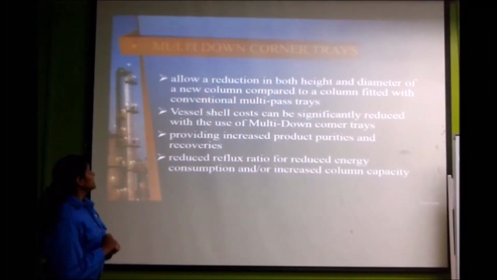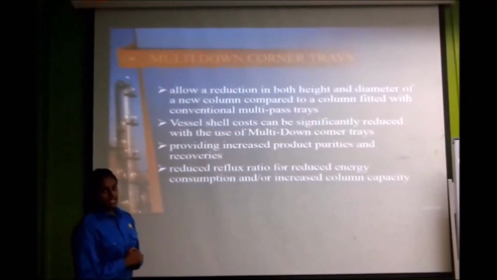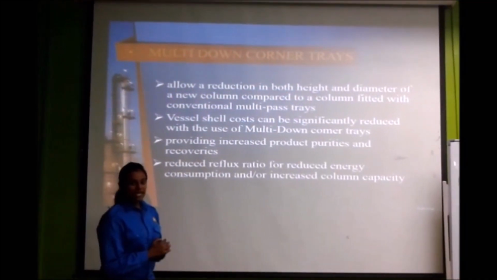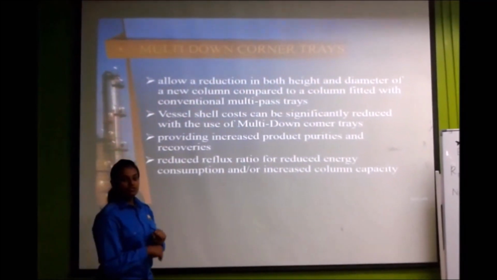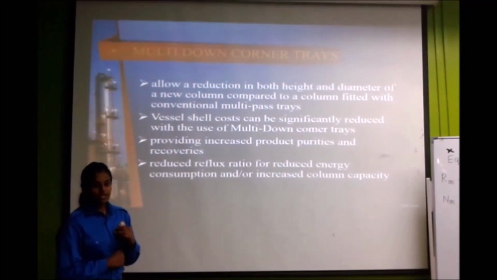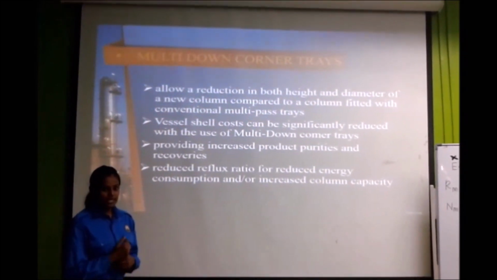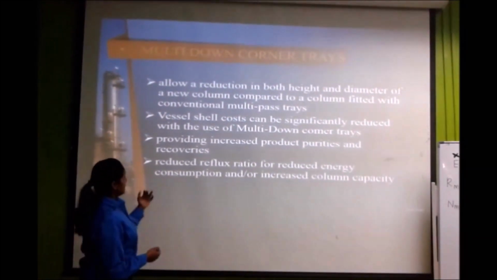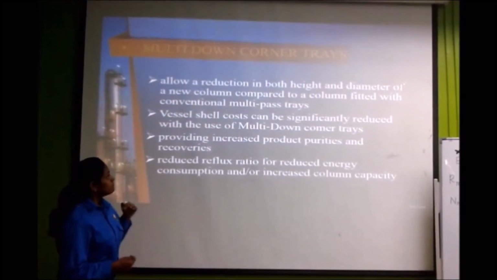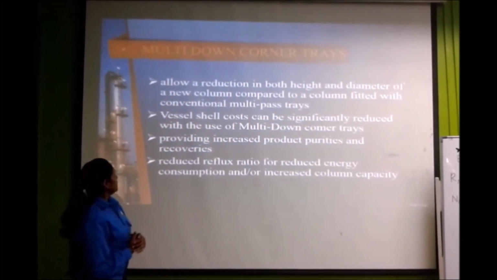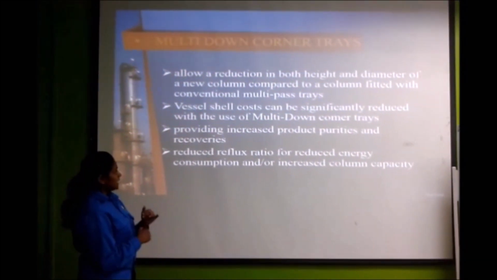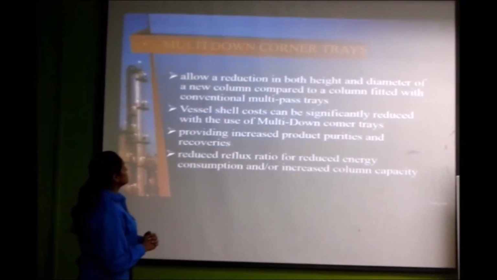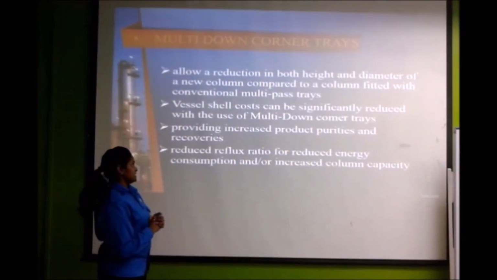The third factor is multi-downcomer trays. Multi-downcomer trays are used for very large liquid loads such as propylene. So it allows a reduction in both the height and diameter of a new column compared to the column filled with conventional multi-pass trays.